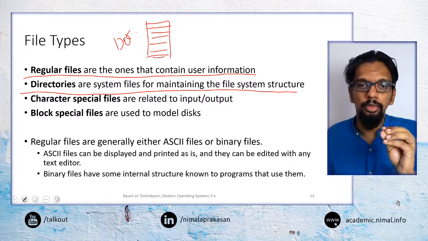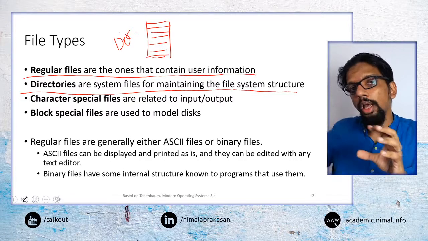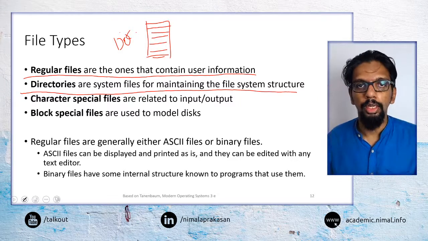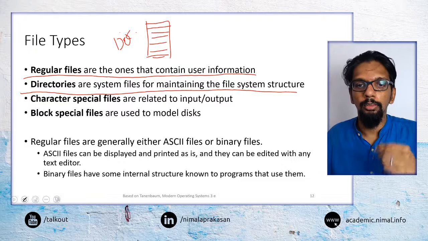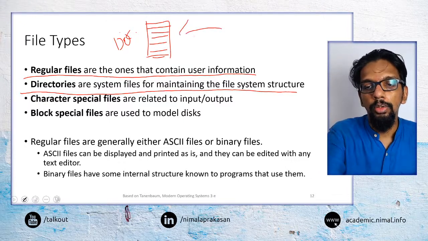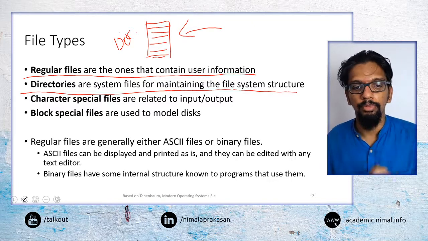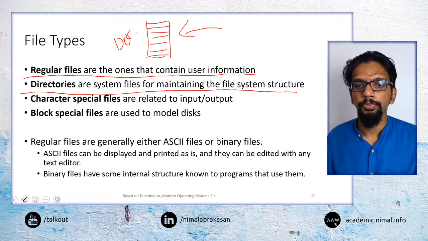Then the operating system will read this directory file and identify the specific files that it needs to display when you open the directory. So when you double click and open a directory, the operating system will read that directory file, and then show you the file system structure.